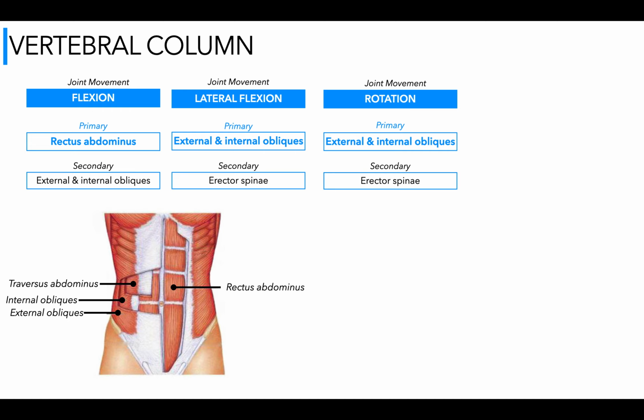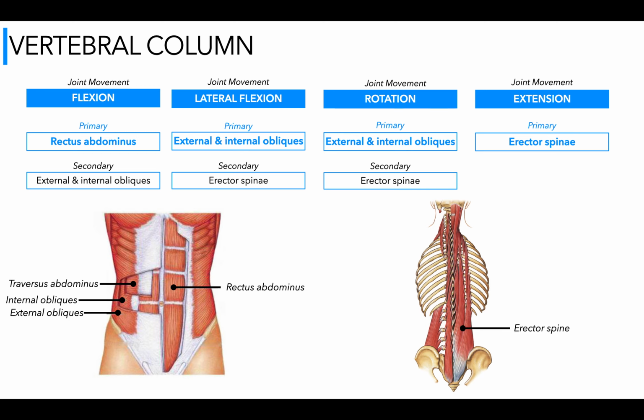And let's see what the erector spinae is. Now, it's the primary muscle for vertebral column extension, the opposite movement to our flexion. And we'll see that here. Now, I've labelled it simply, the erector spinae is a group, basically. But that is the primary muscle for extension of the vertebral column.